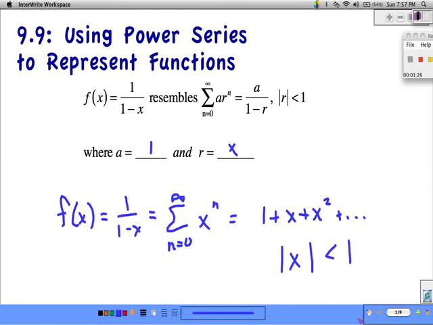This is centered at 0 and has a radius of convergence equal to 1, so this function 1 over 1 minus x is equal to this power series only on the interval -1 to 1, not working on the endpoints. If we want other values of x besides -1 to 1, we have to rewrite this function so that we're using a different value for a and r.